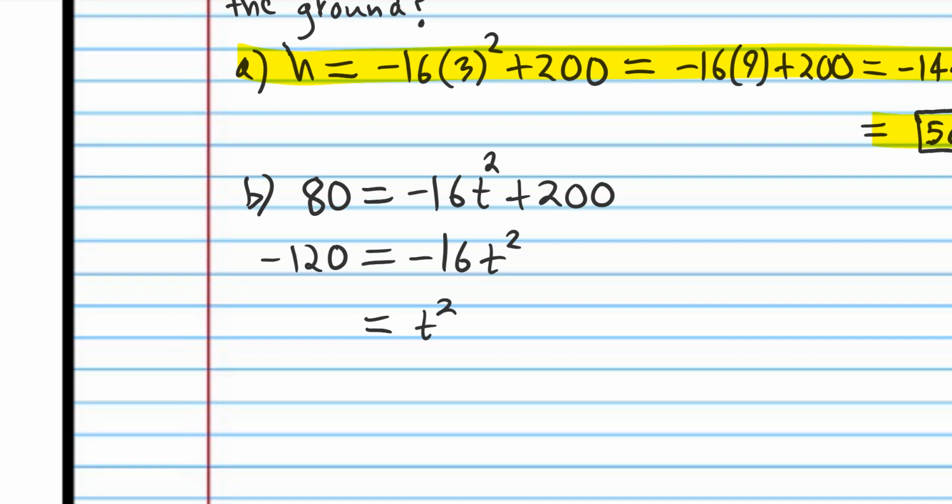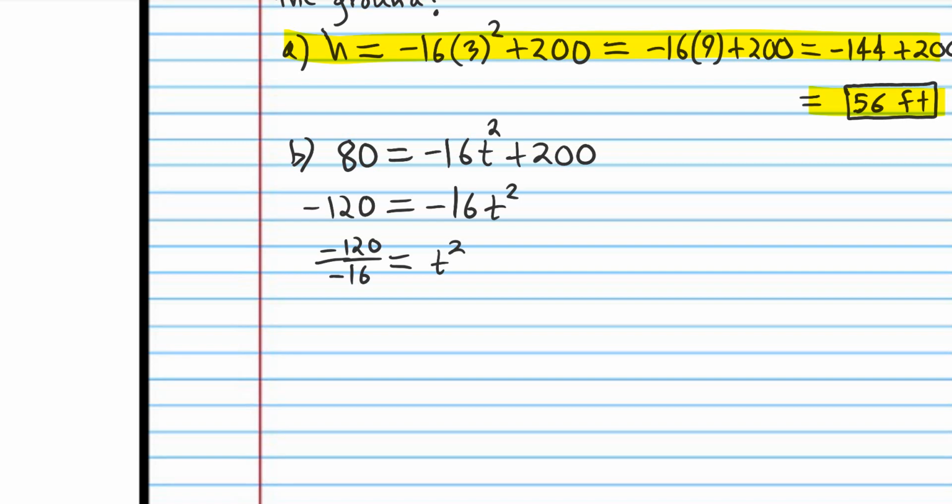Actually, I'm just going to reduce it. So I'm going to keep 120 over -16. If you reduce, dividing both sides by, let's see, we'll try dividing by 8, we get 15 over 2.